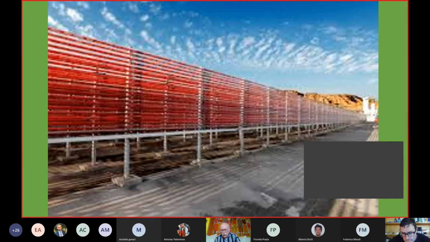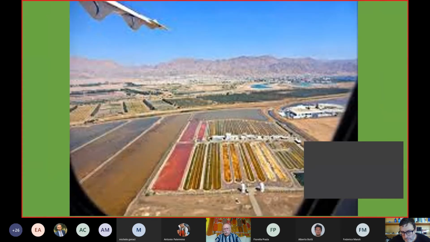Stefano, what you see now is also 20 kilometers north of Eilat, in the middle of one of the driest deserts, almost never cloud, extremely high sun radiation. Here, they can use open ponds because the salinity of the medium in which Dunaliella salina is grown is such that no other organisms can live.